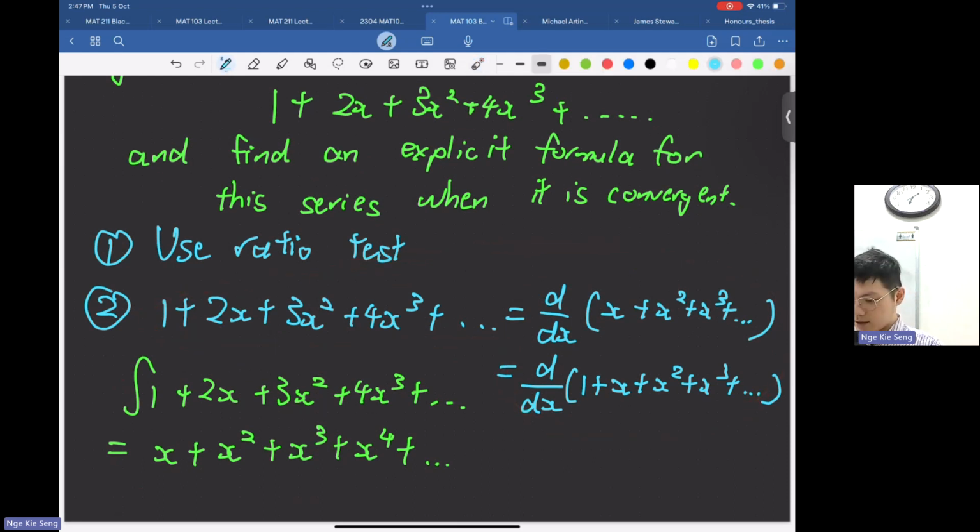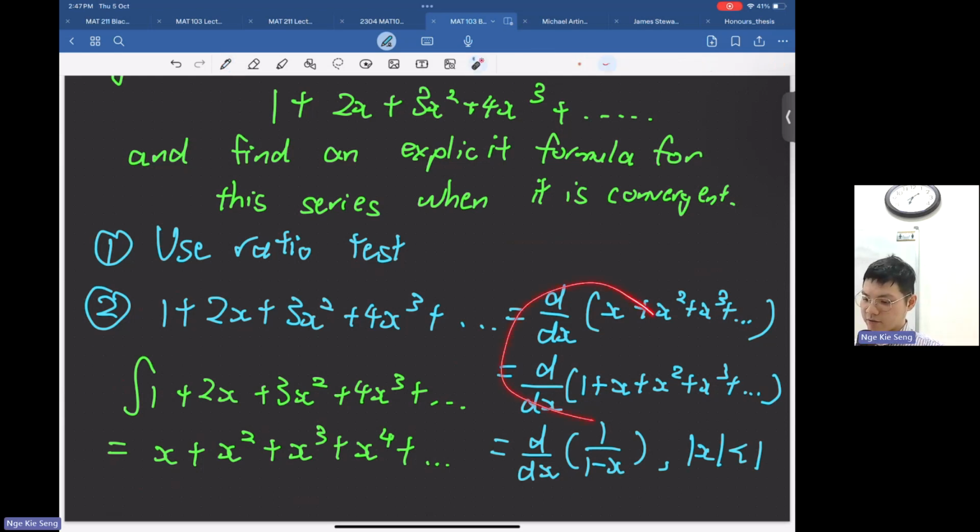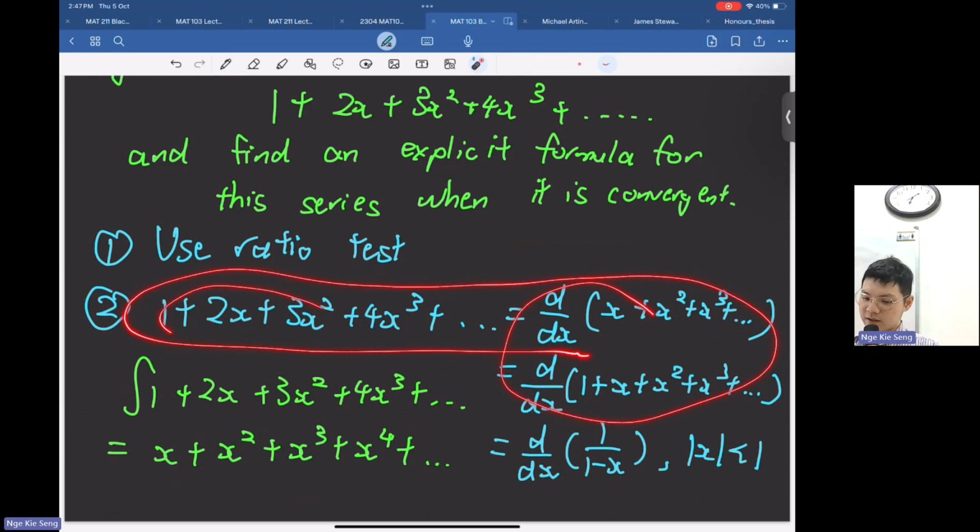This is only true when the sum is equal to a closed form, which is 1 over 1 minus x, which is when the absolute value of x is less than 1. Only when this is true, then you can do all these weird things. You can differentiate 1 by 1, 1 by 1, 1 by 1.